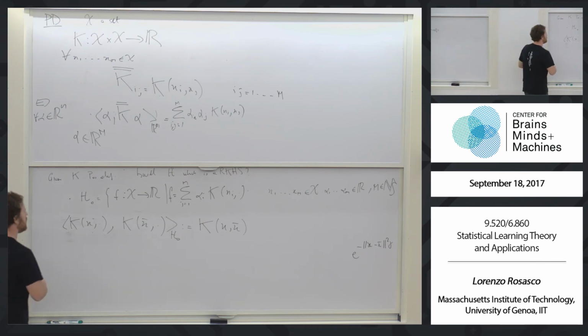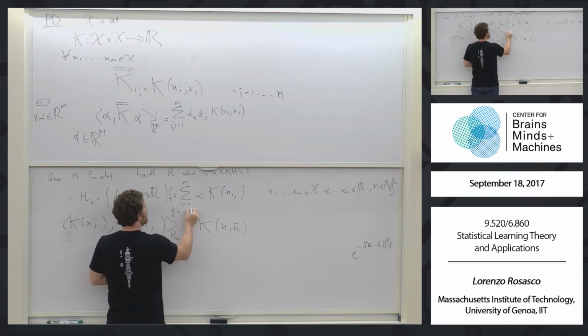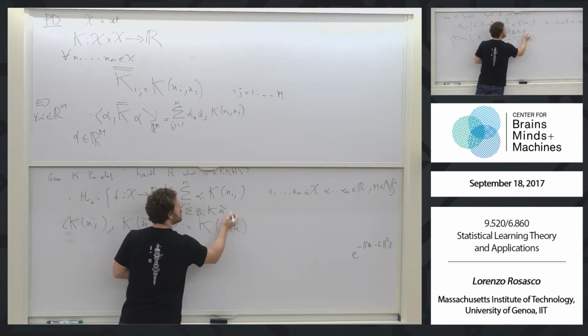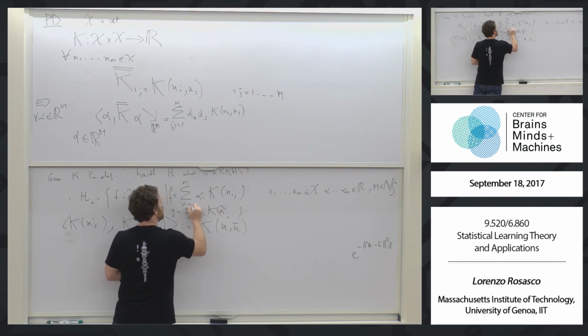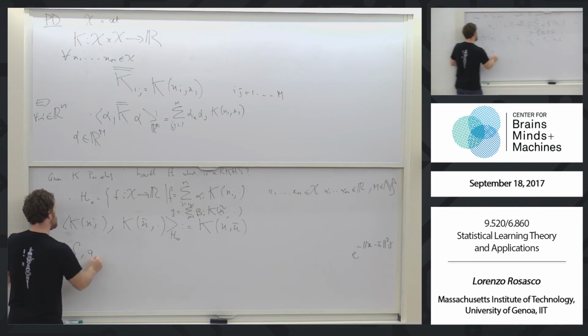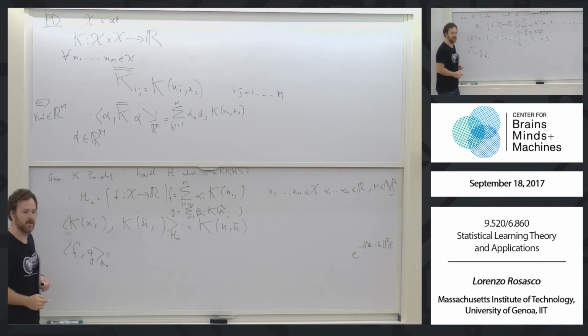If I give you, say, an f that looks like this, and now I give you a g that looks like the sum of beta_j k(x̃_j, ·), j from 1 to capital N, and now I tell you, okay, tell me how much is the inner product between f and g in H0. Well, how much is it going to be?